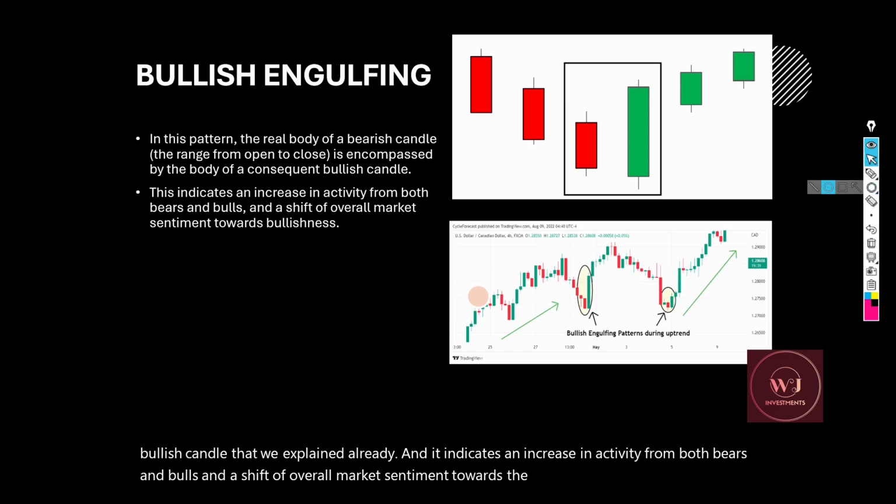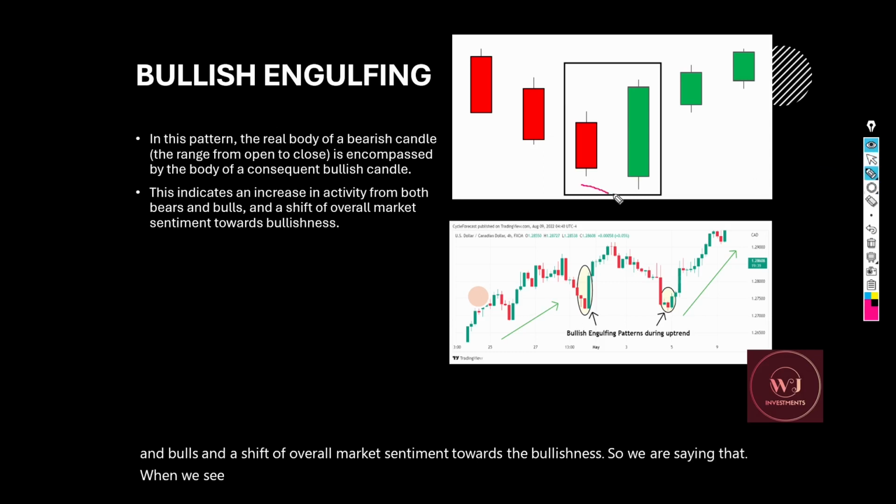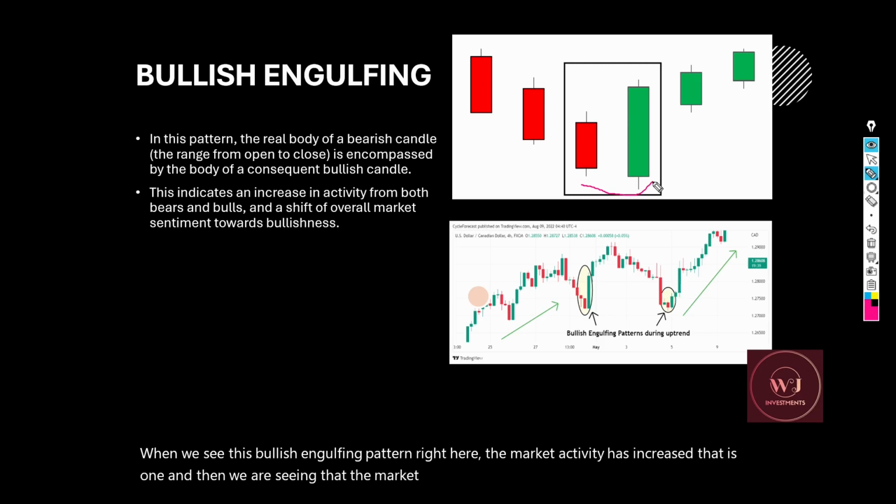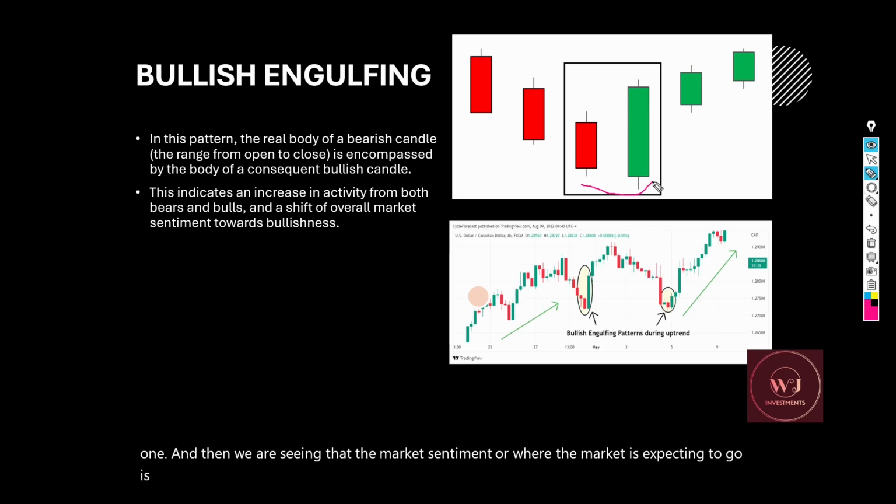So we are saying that when we see this bullish engulfing pattern right here, the market activity has increased. That is one. And then we are seeing that the market sentiment, or where the market is expecting to go, is going to go to the bullish side because of this big bullish candle. Okay.